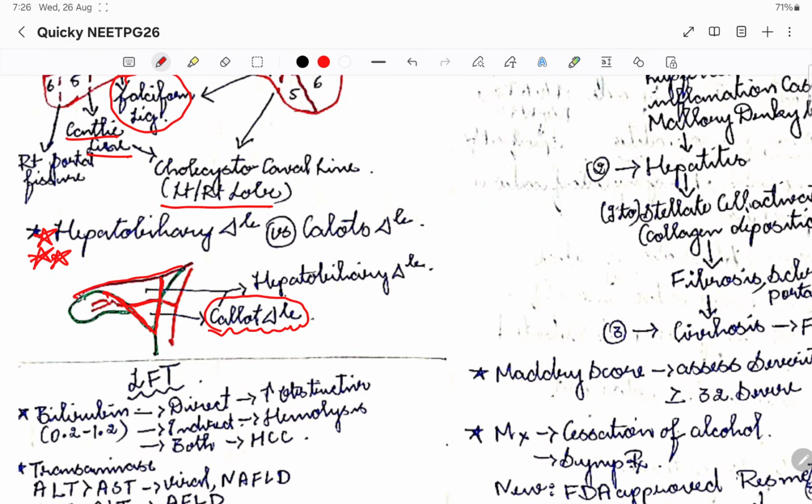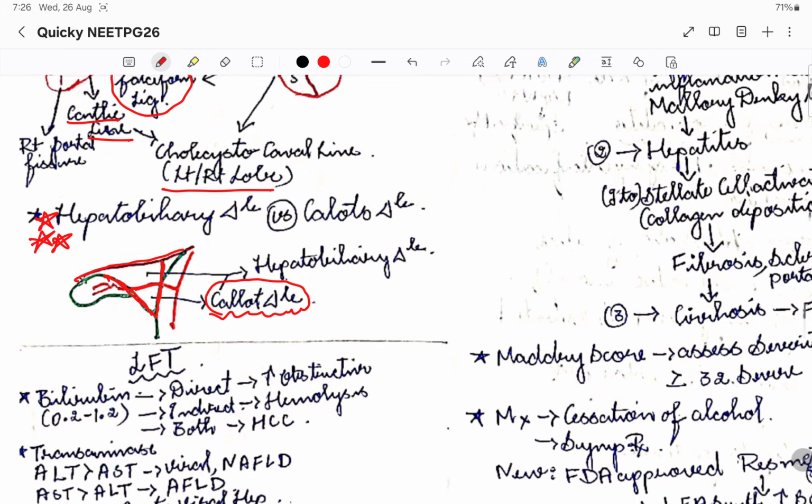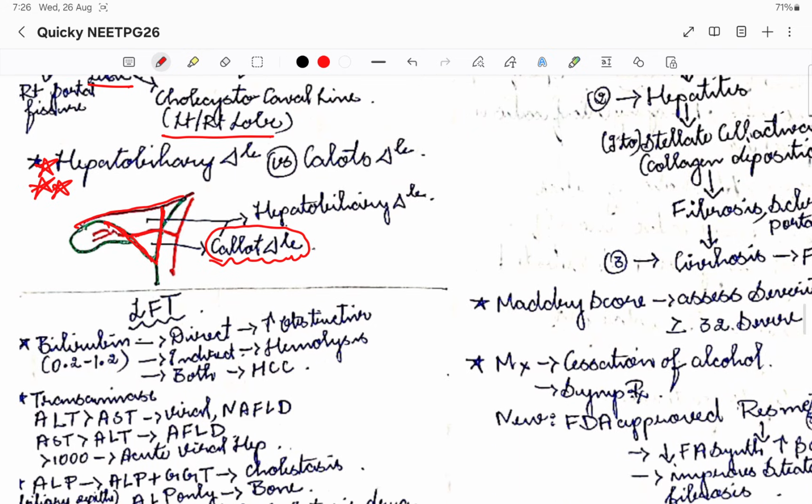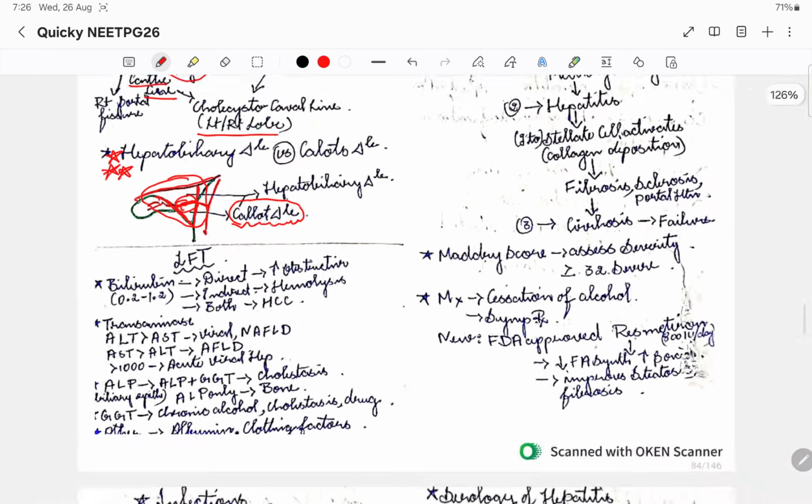The reason it is important is that during surgeries, either laparoscopic or open cholecystectomy, this area is what we focus on to know the location of the cystic artery, so that we don't damage it. This is the clinical significance.